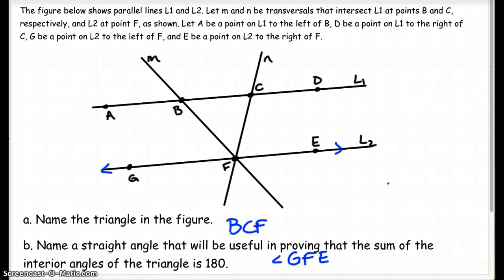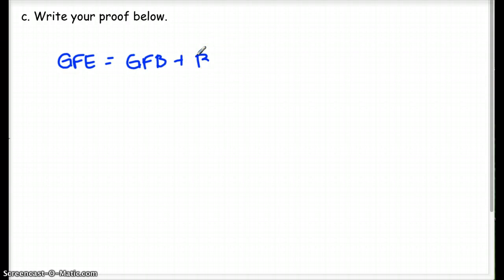Then part C wants us to prove it. Okay, so I know that the angle GFE is comprised of GFB and BFC and EFC. And I know that those all equal 180 degrees because it's a straight line.